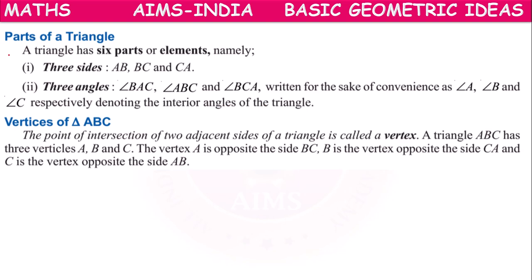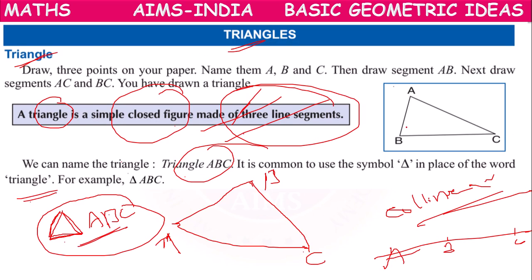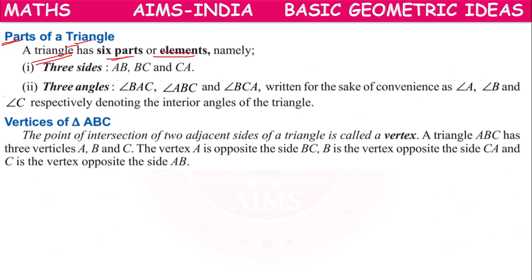Next, parts of a triangle. A triangle has 6 parts or 6 elements. What are they? AB is one side, BC is one side, AC is one side, 3 sides as 3 parts. Angle A is one angle, angle B is one angle, angle C is one angle. So it has 3 sides and 3 angles which can be measured.